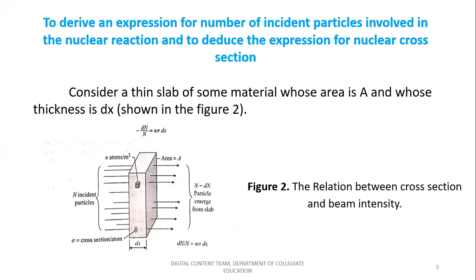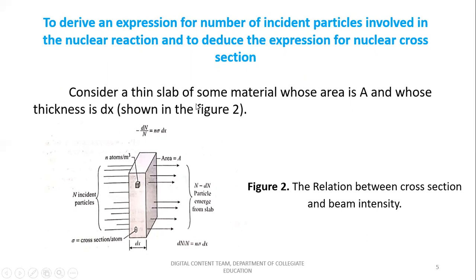So at this stage, with this diagram, we'll try to express the relationship between sigma, the nuclear cross section, x, the thickness of the slab, and N naught, the intensity of the incident beam. Let us consider this diagram.